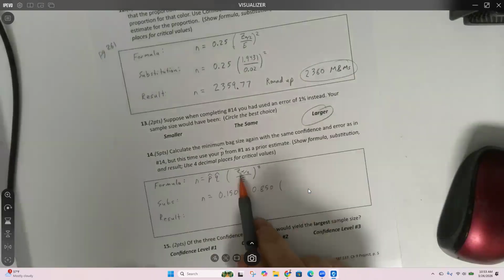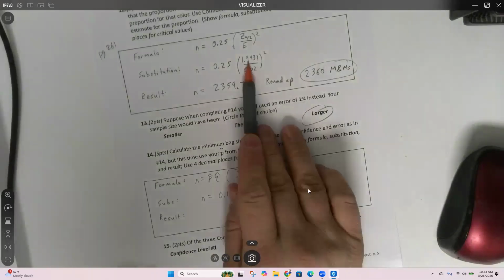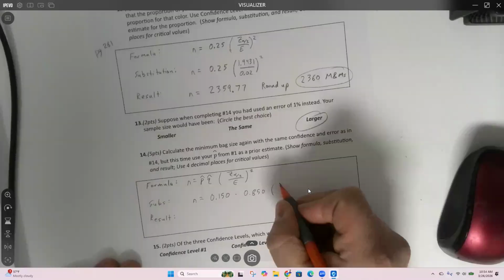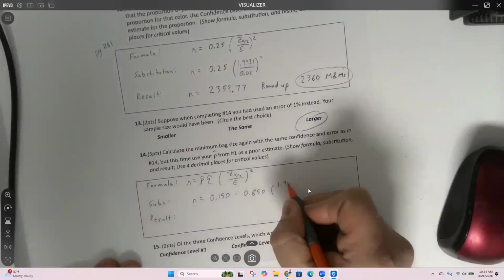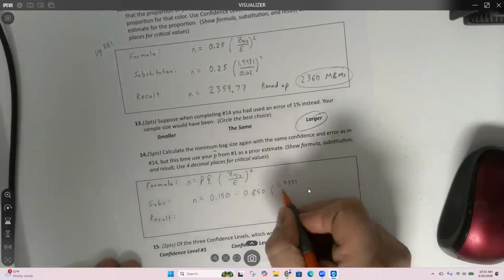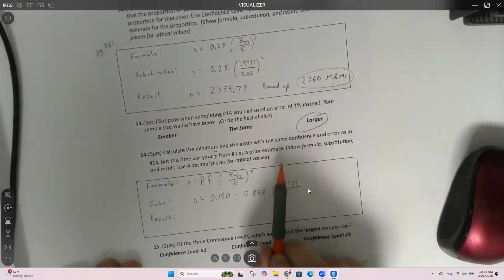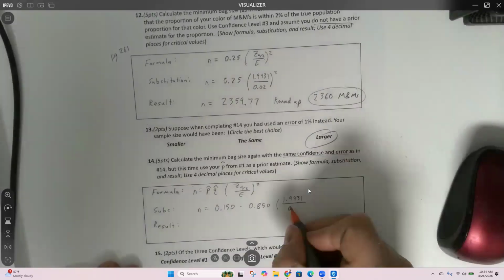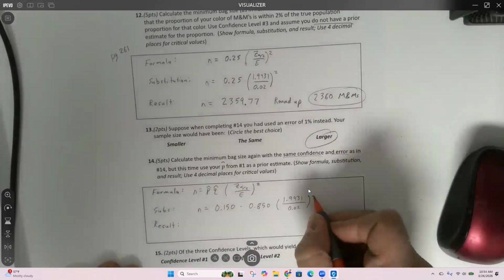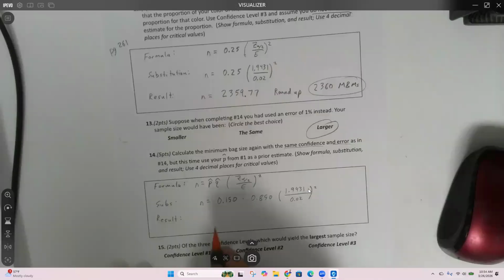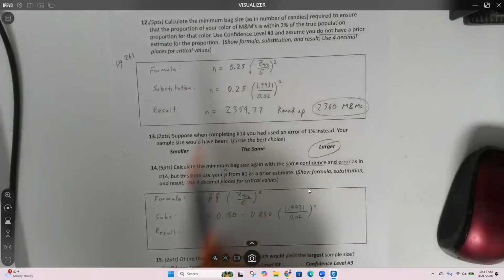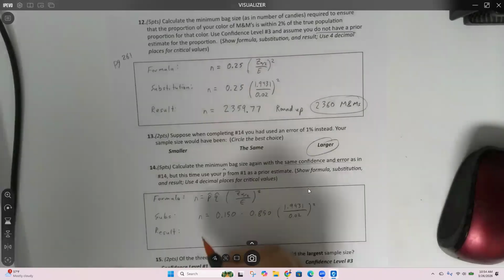Your z alpha over 2 is still the same as what you calculated up here, so I'm just going to copy that here. And I'm still looking at a 2% margin of error. So same confidence, same error. So 0.02, square that. So really all I'm changing is the 0.25 out here is now p hat q hat, right?